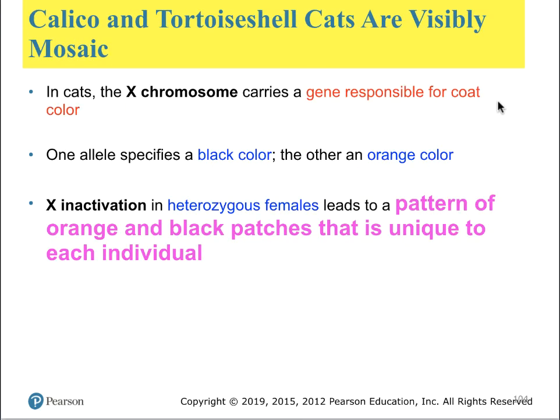The phenotypic effects of this process are apparent in some creatures. For instance, in cats, we have the X chromosome carrying a gene for coat color. And if a cat happens to inherit 2 alleles on her 2 X chromosomes, one for black and one for orange color, then because of the process of lyonization, X chromosome inactivation, she is a heterozygote in which some cells will express the orange and other cells will express the black allele.